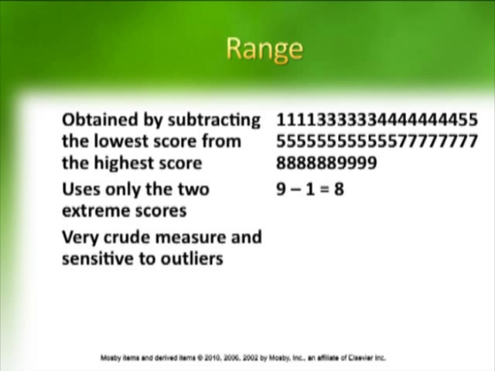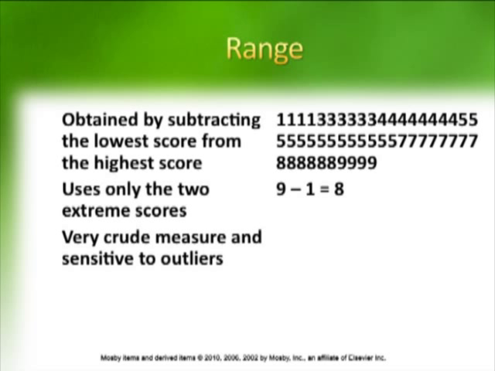For example, if the length of stay for 5 patients is 3, 2, 4, 3, and 5, the range is 2 days. If a patient is added to the group whose length of stay is 12 days, the range becomes 10 days.